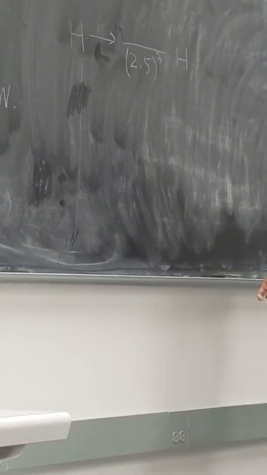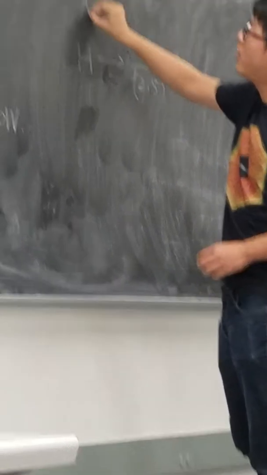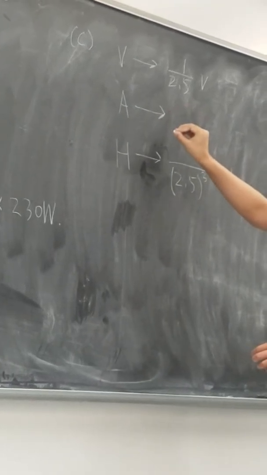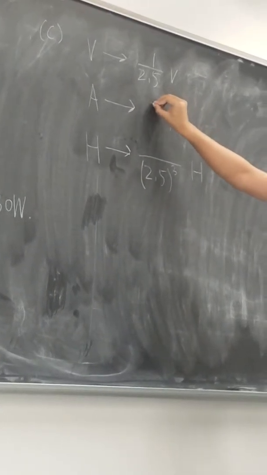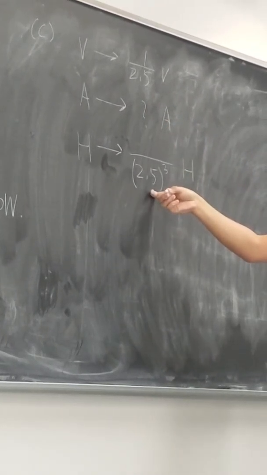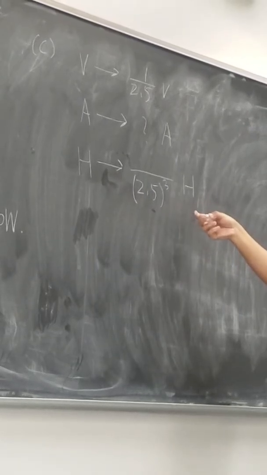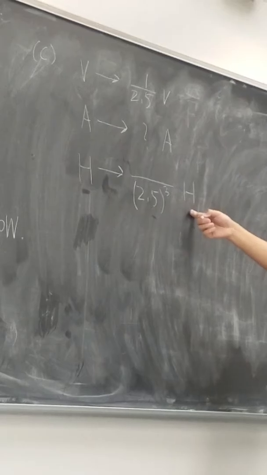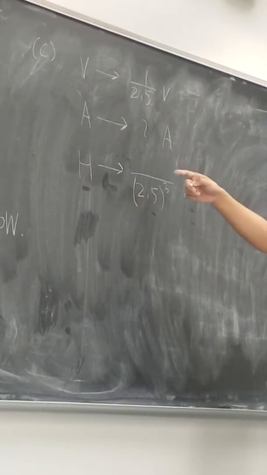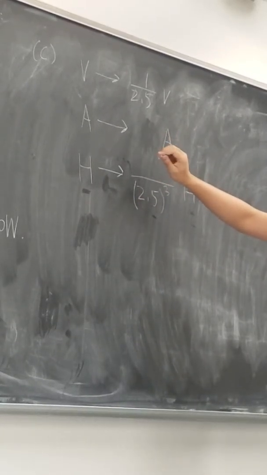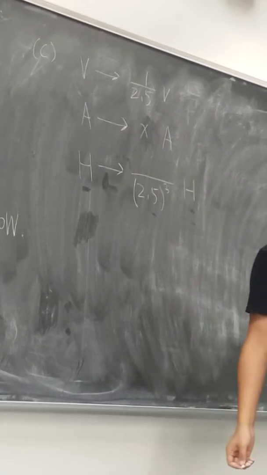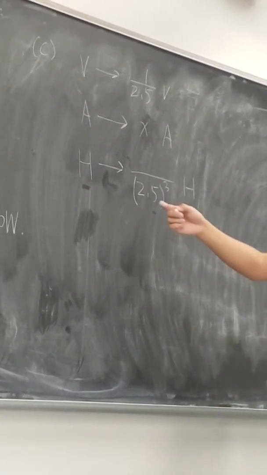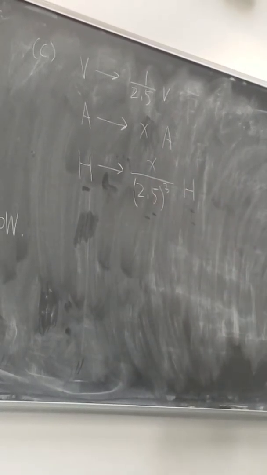And now how should we increase the area to make the heat loss stay the same? If it stays the same, which means H changed from H to H again, this part should be 1. So let's say we increased the area x times larger, then H would also increase x times larger.